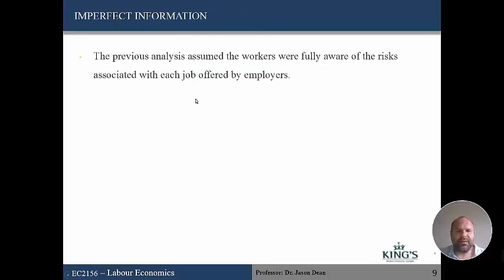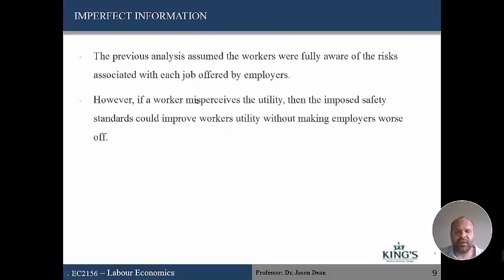Now, up to this point, we assume that the firms can't trick the employees into thinking the work environment is really safe when it is in fact not. So we're going to relax that assumption and look at an example where perhaps the worker is misperceiving their utility and their level of safety.